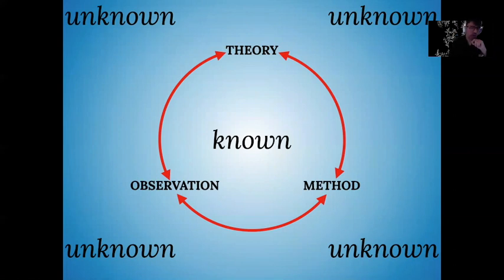So you have your virtuous cycle here that works together to enlighten what we know, but it's very important to keep in mind that the size of the unknown is there and there is no way to know how big it is.